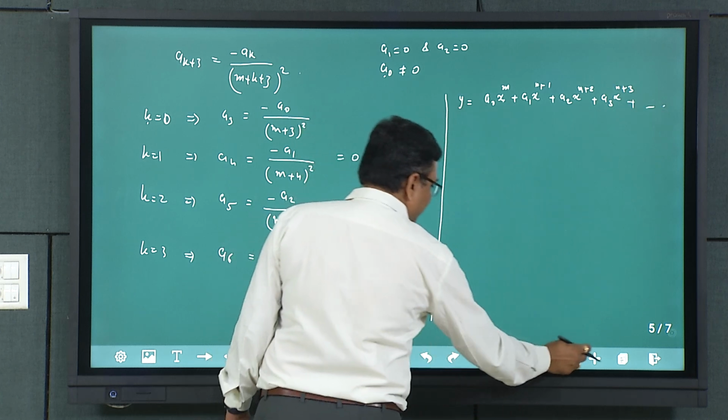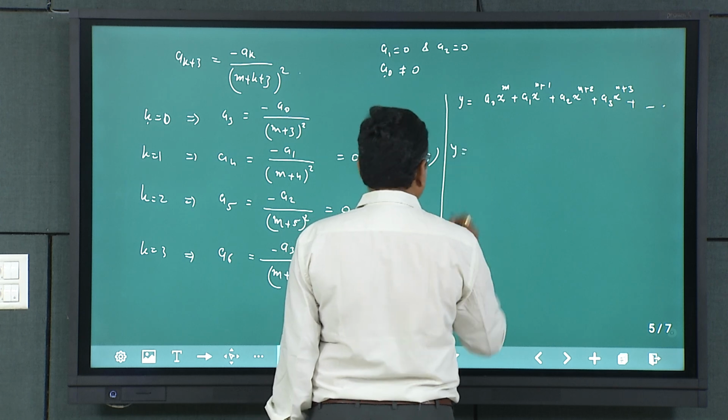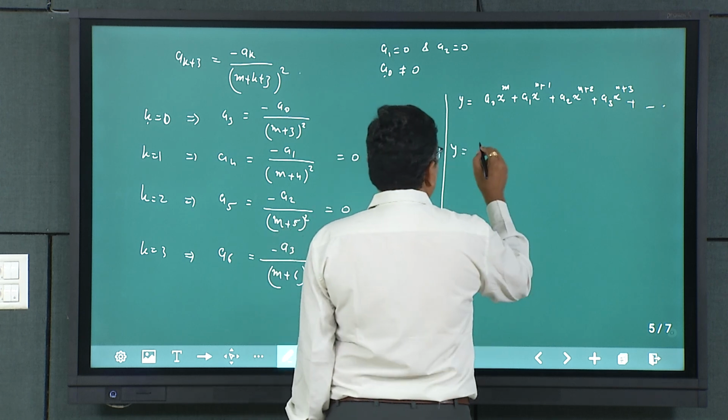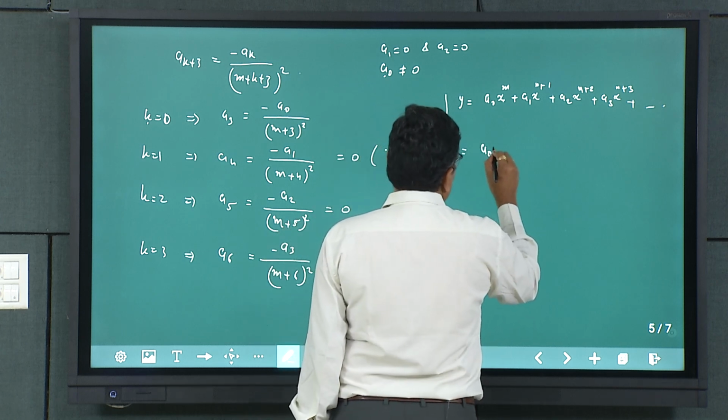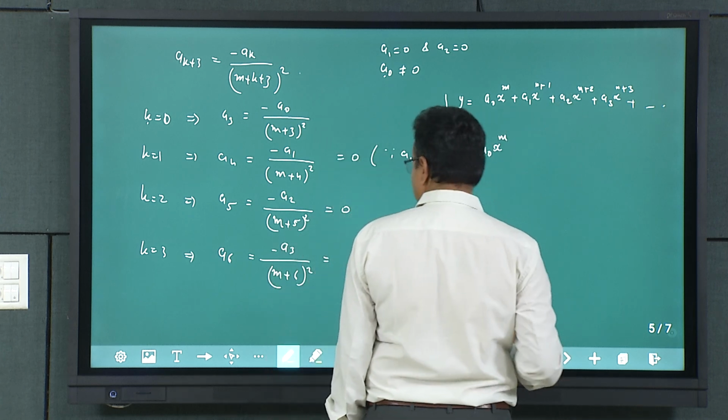So we get y is equal to a0 into x raised to the power m. a1 and a2 are 0, right.